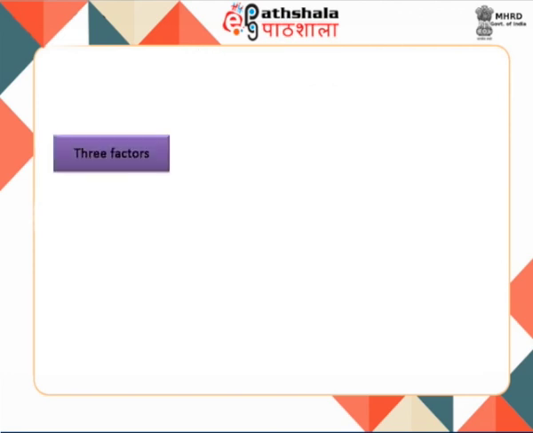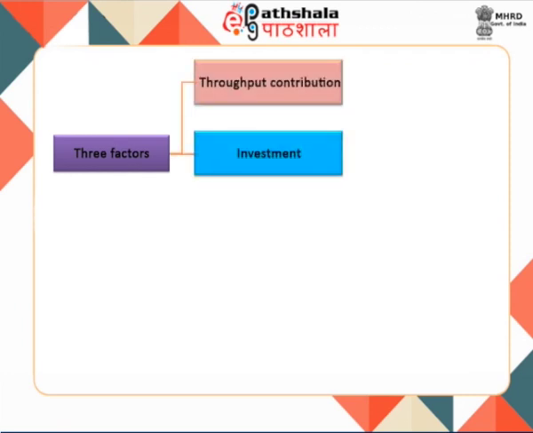The three factors of theory of constraints are throughput contribution, investment, and operating costs.